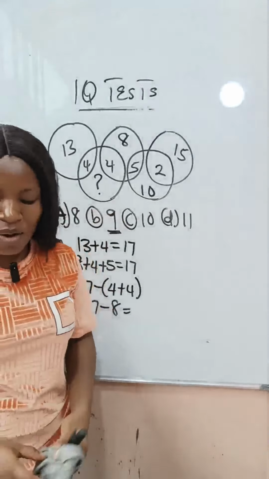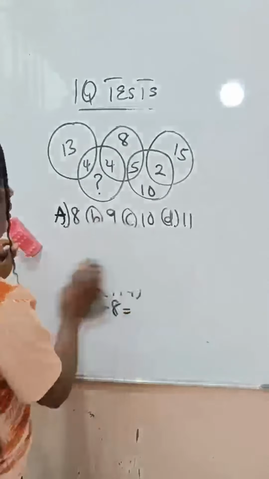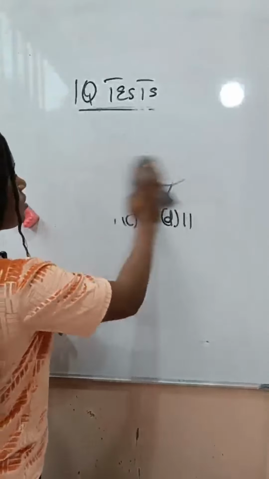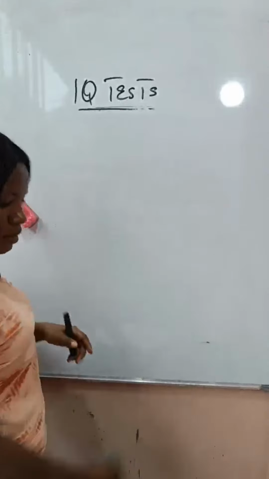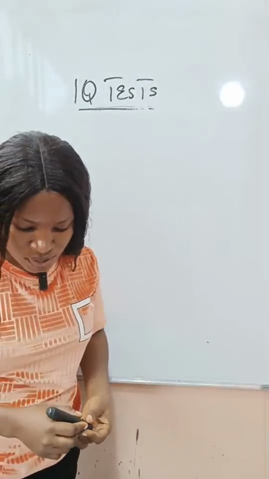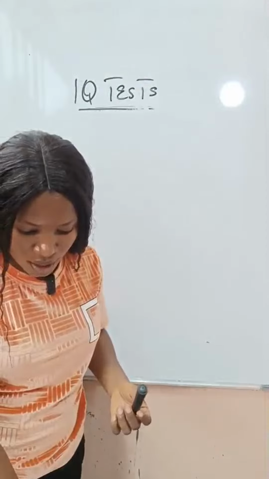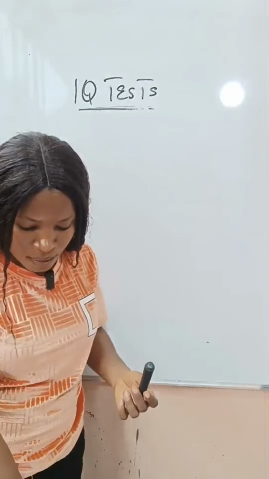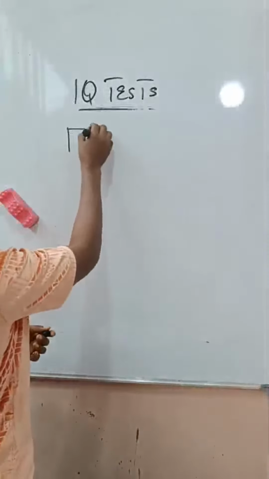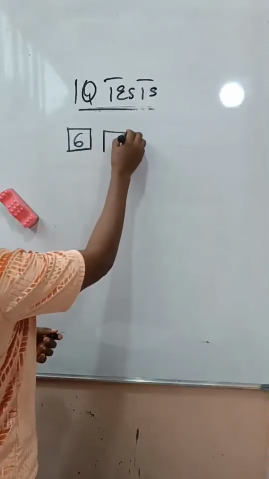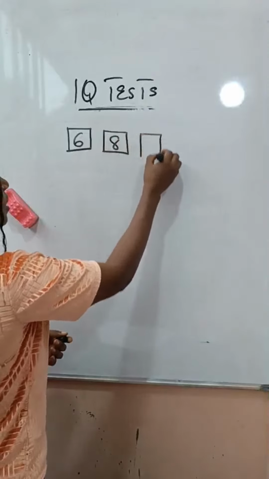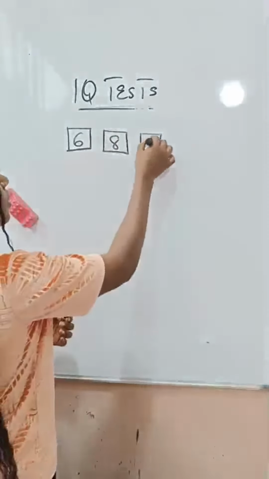All right, now another question. Can we find the answer to this? In the first line we have 6, 8, and 3.